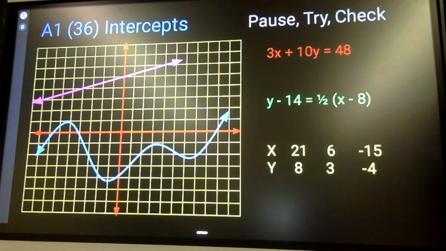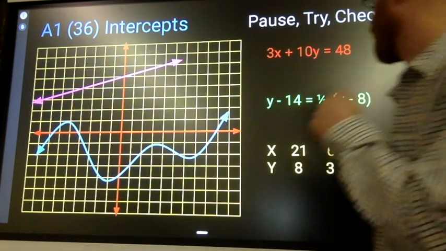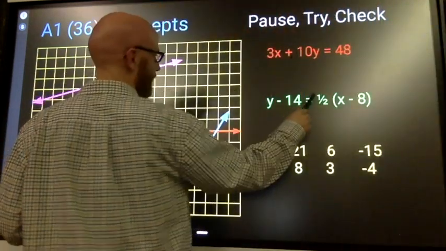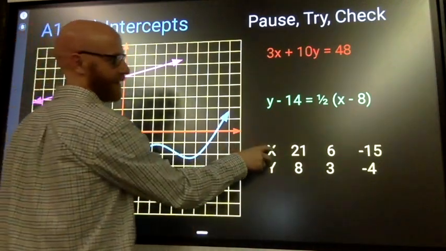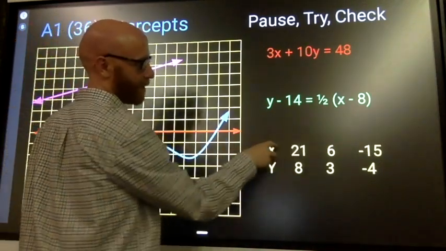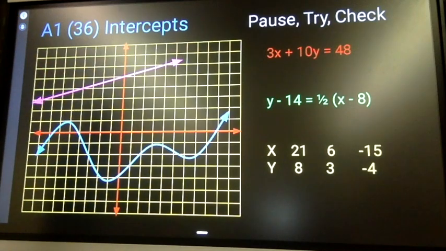Hit pause, try these. All right, find the x and y-intercept for these two equations. Find the x-intercept and the y-intercept for this table.